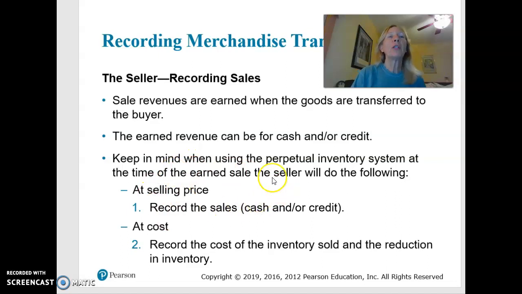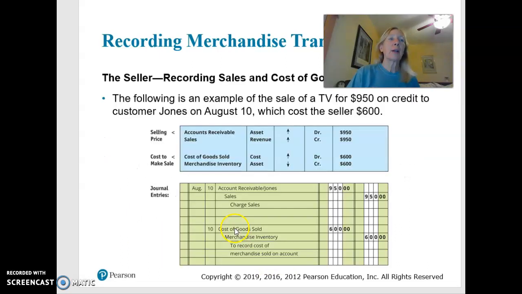So when we do perpetual inventory, at the time of the earned sale, the seller, that's going to be Walmart, will do the following. You record the sales, and you will record that as sales and either cash or accounts receivable. And then you also have to record the cost of the goods sold and the decrease in inventory. Okay, so let's take a look at that.